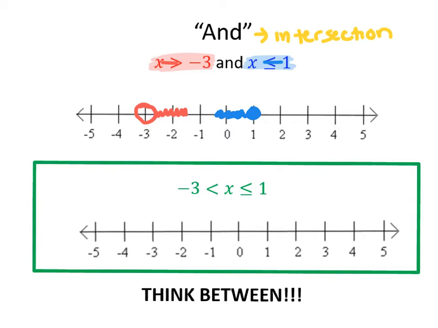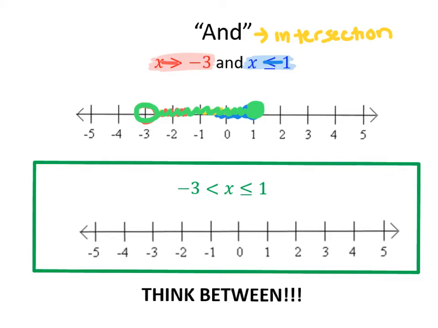Now we can see these two inequalities are going to run into each other, and the whole center part is going to be what's highlighted. So our full graph has an open circle at -3, a closed circle at 1, and we're shading the middle because it's the intersection of these two inequalities.